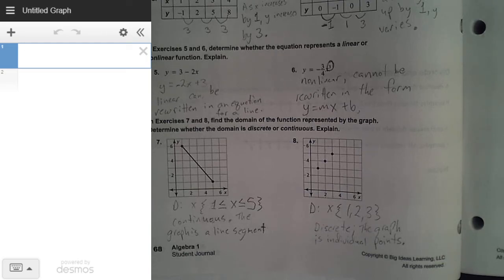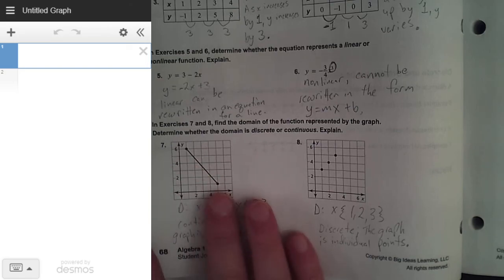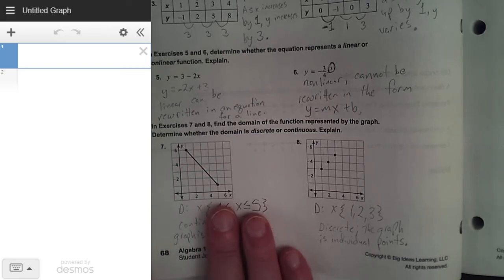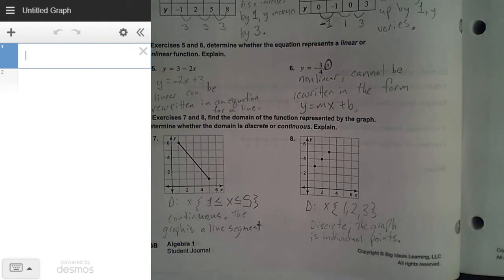When we have those individual points, it is very important to understand it's discrete. Whereas the other one is continuous, we have all the values in between those points versus just single points on specific values. This is again the extra practice on page 68.